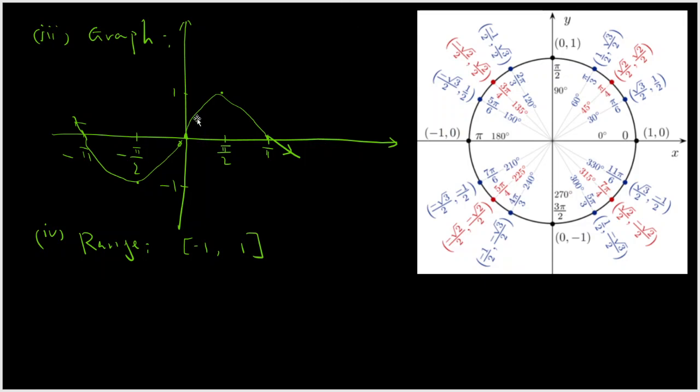You see the y coordinates on the graph, the graph is oscillating in between -1 and 1. -1 and 1 are included in the range. So we have the graph of sine of x, right? Any questions about this?